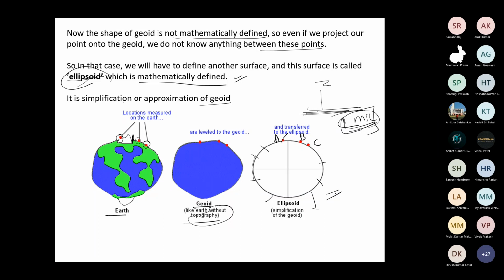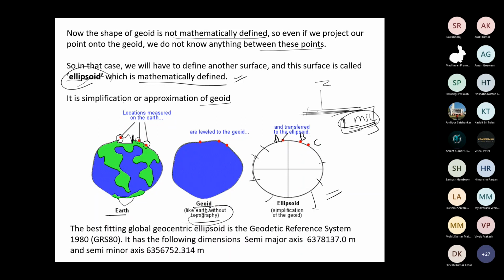Now when you use instruments like a total station or anything, we have to give our reference system, which ellipsoid we are following. Based on that ellipsoid, we are able to measure the Z heights. The best fitting global geocentric ellipsoid is the geodetic reference system, called GRS-80.